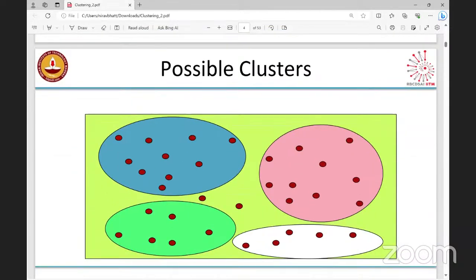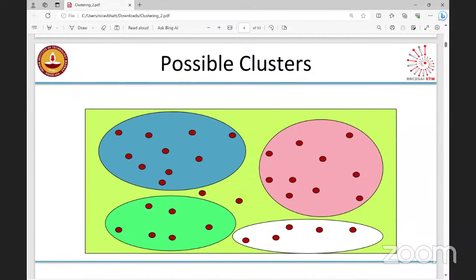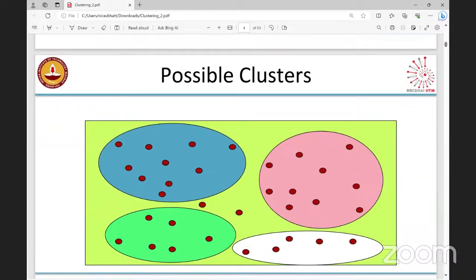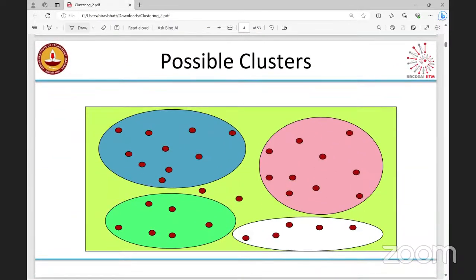One way I can do this is take this data and group it into 4 small clusters. Here I took this data and put it into 4 clusters: cluster number 1, cluster number 2, cluster number 3, cluster number 4.